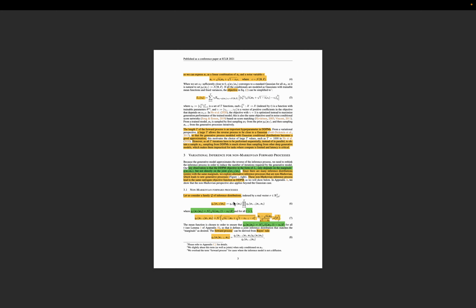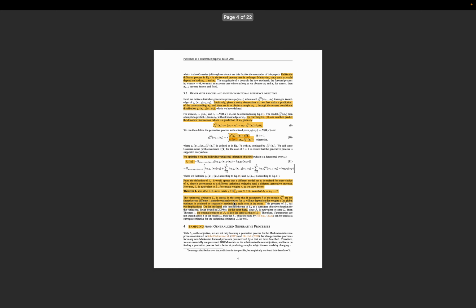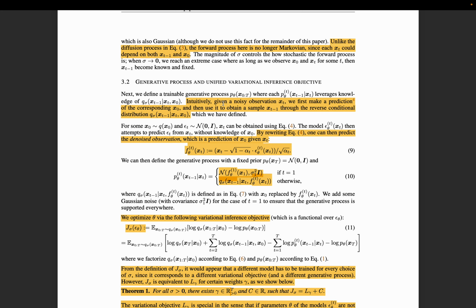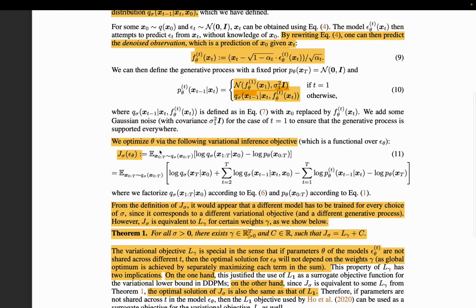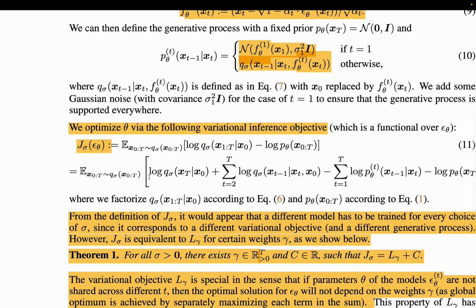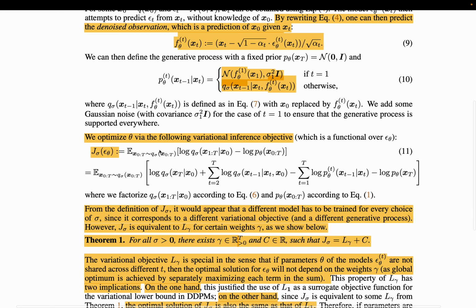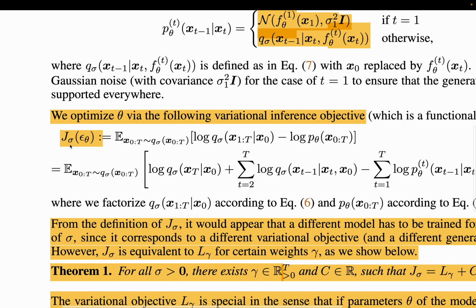When we work with this distribution and do a bit of development, we arrive at a training objective that is very different from the L gamma objective we saw before for training DDPM. Here the objective depends on sigma, so your forward process is characterized by the standard deviation sigma.